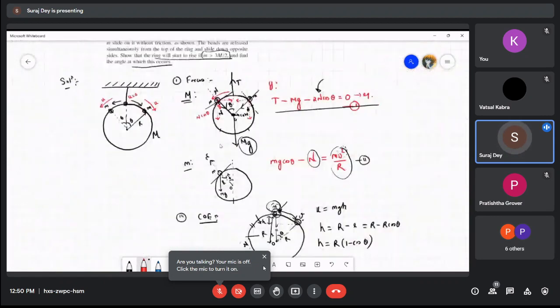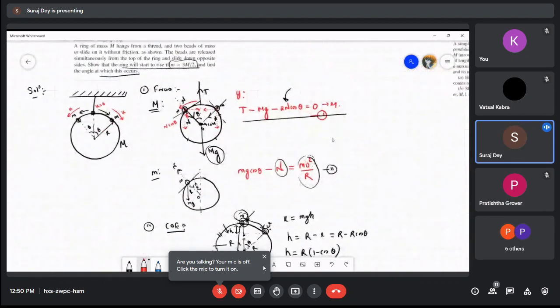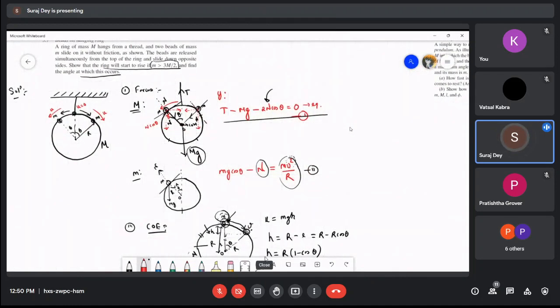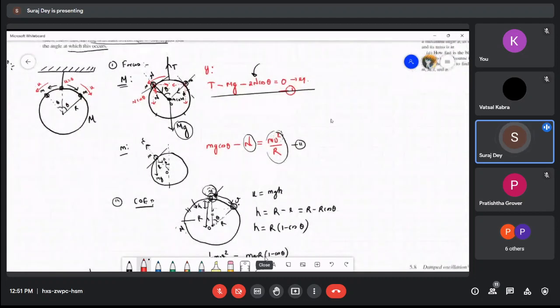So in summary, because it was a bit involved, I'll just summarize once what we have done roughly. The problem was to look for conditions under which this big ring M can rise. So what you can do for this is to understand all the forces and actions that this ring goes through. You can write Newton's second law using the free body diagram, and we get this condition.